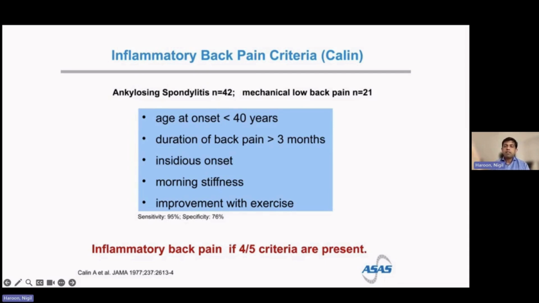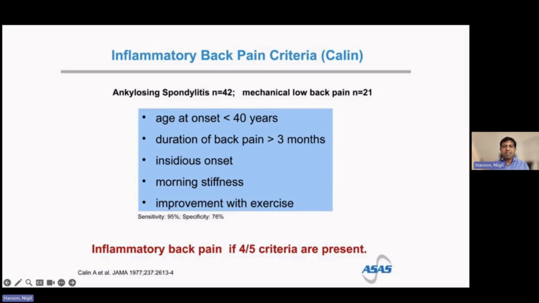Back pain that starts in somebody who's 70 years of age is different from a 35-year-old with chronic back pain. Back pain that lasts for 1 week is different from 3 months or 4 months of back pain, right? And back pain that starts after going to the gym is different from insidious onset of back pain that you can't really pinpoint when that pain started, as opposed to, I was lifting a bag when I was getting off a plane.